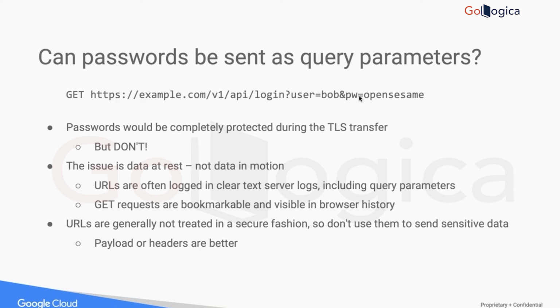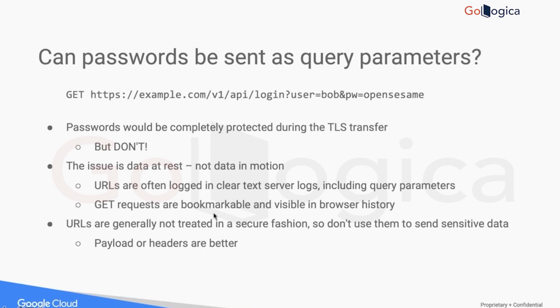So even when someone is using HTTPS, you should never send passwords in the query parameter. Passwords should be sent in the payload, either as a form parameter or in the JSON. You never send passwords or any sensitive information as a query parameter.